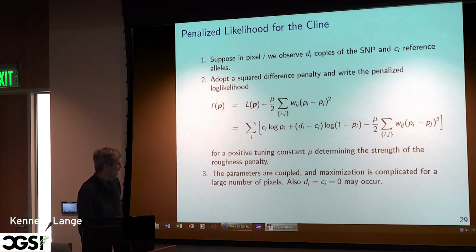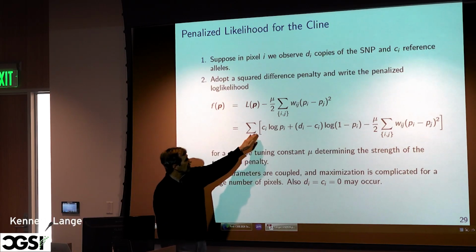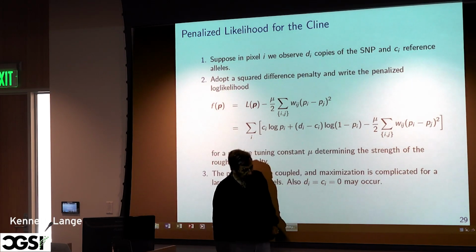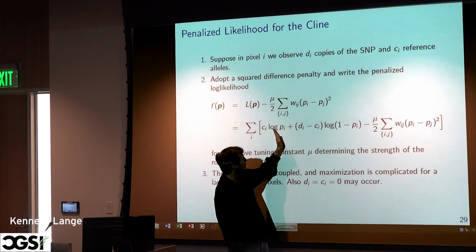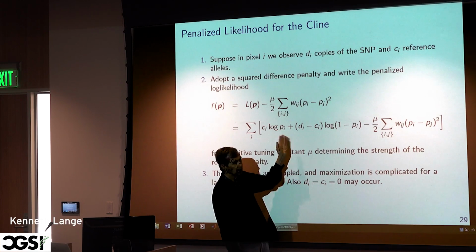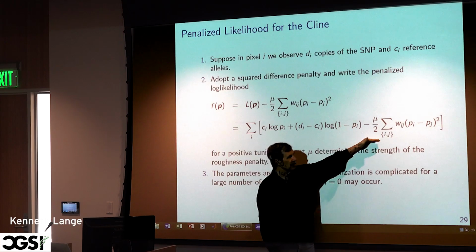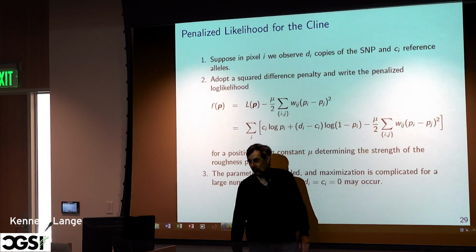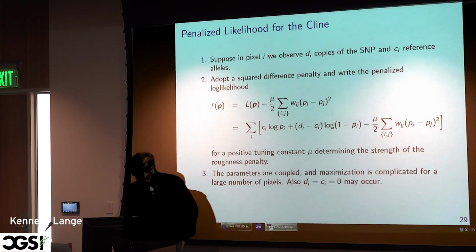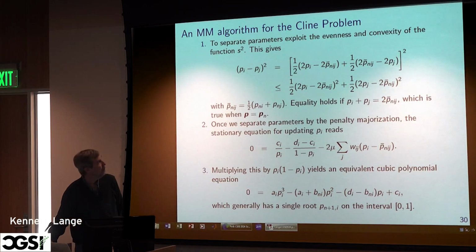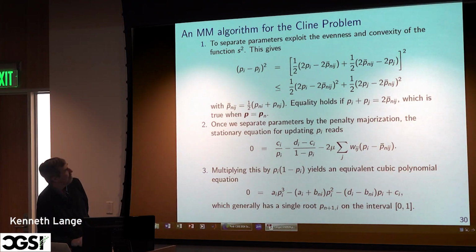Okay. So if you just look at the loss, or the log likelihood, the parameters are separated. You can optimize any p_i separately from any other p_i. But this penalty ties the pixels together. So the problem is not parameter separated. So what you do is you take that squared difference term and you majorize it, and this is a use of Jensen's inequality.